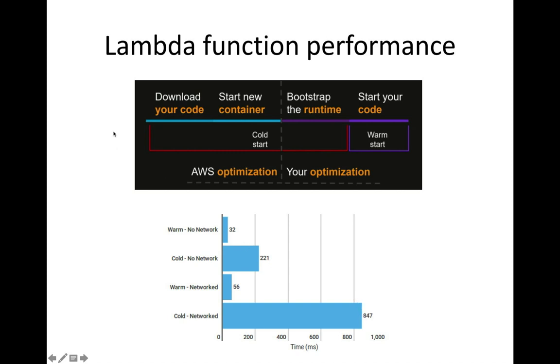And in the case where you're connecting to a VPC-based resource, a cold start can take up to 10 seconds. So the performance of your Lambda function can vary greatly depending on whether it's being invoked as part of a cold start or a warm start.